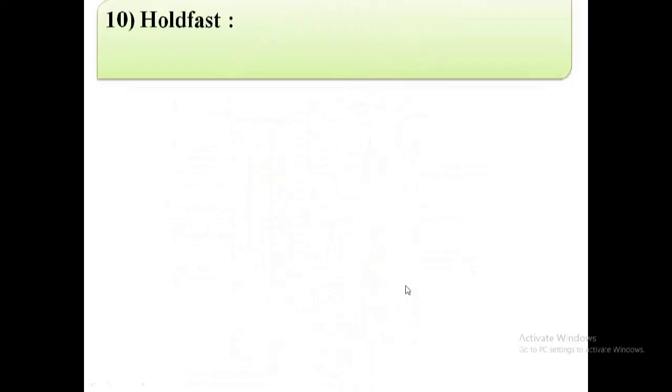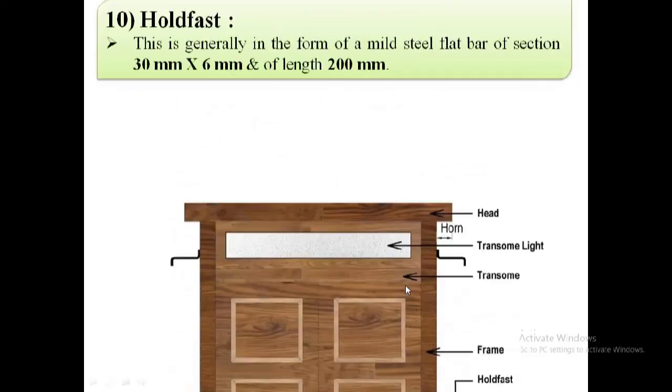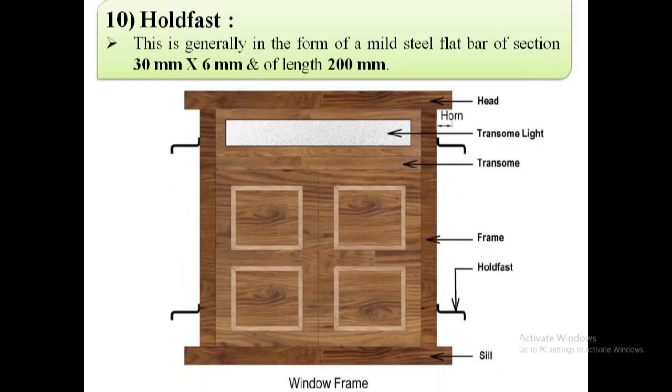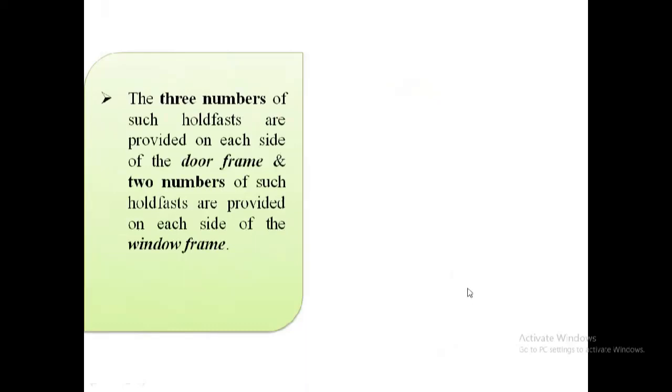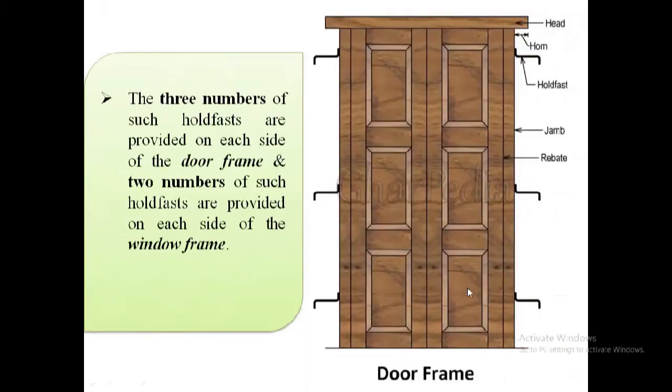The next technical term is hold fast. A hold fast is generally in the form of a mild steel flat bar of section 30 mm by 6 mm and of length 200 mm. In this image you can see these are the hold fasts. Three such hold fasts are provided on each side of the door frame and two such hold fasts are provided on each side of the window frame.